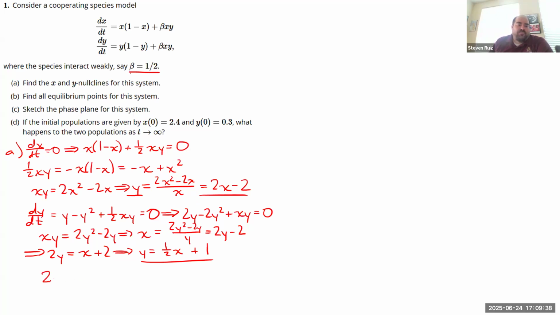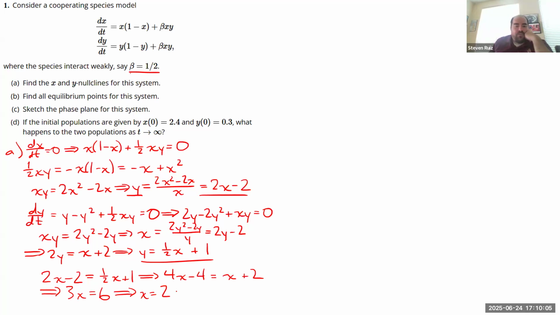So y equals 2x minus 2, y equals 1/2 x plus 1. Let's go ahead and double everything again. So 4x minus 4 equals x plus 2. So then 3x equals 6. That gives me x equals 2.